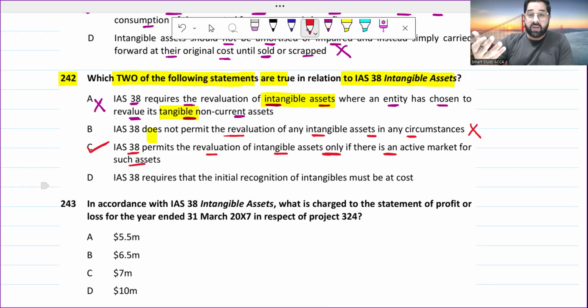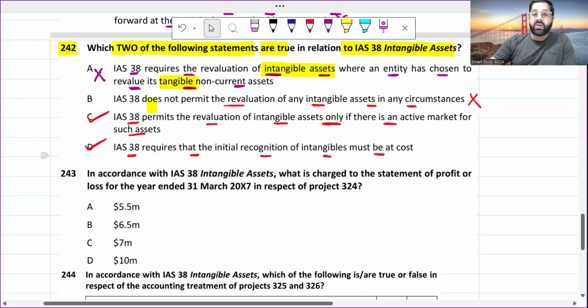Then you can find the fair value and revalue it. IAS 38 requires that the initial recognition of an intangible must be at cost. Yes, initially any non-current asset will be recognized at cost. So options C and D are the correct options.